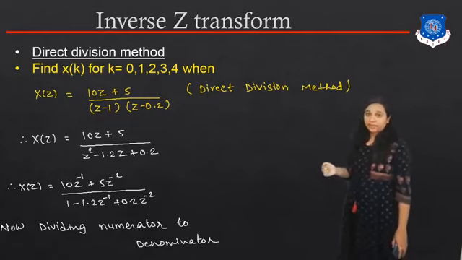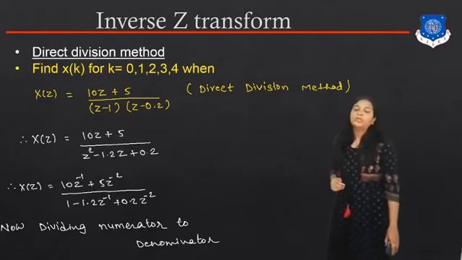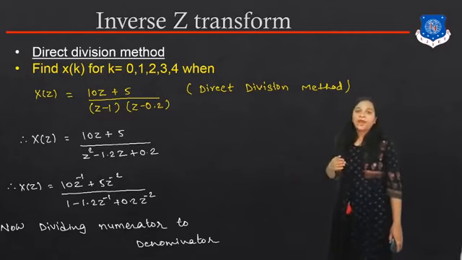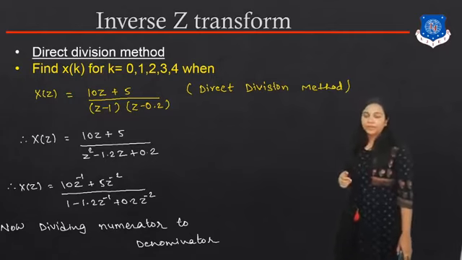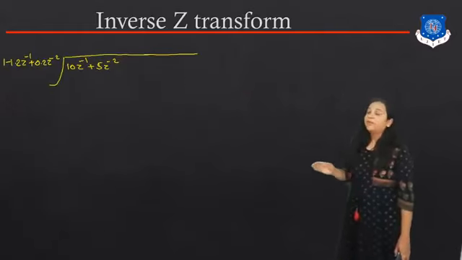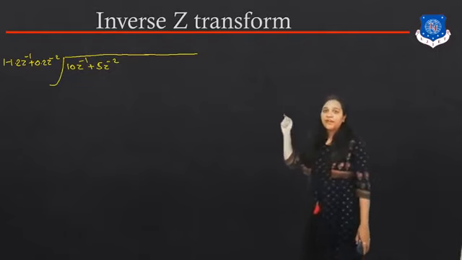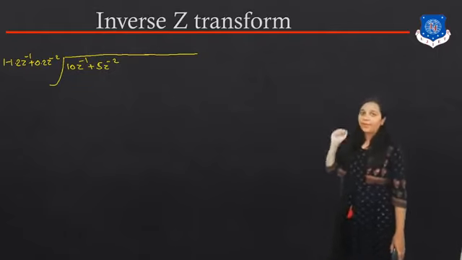Now the next step is to divide the numerator by the denominator to find the value of x of k. We write 10 z to the minus 1 plus 5 z to the minus 2.